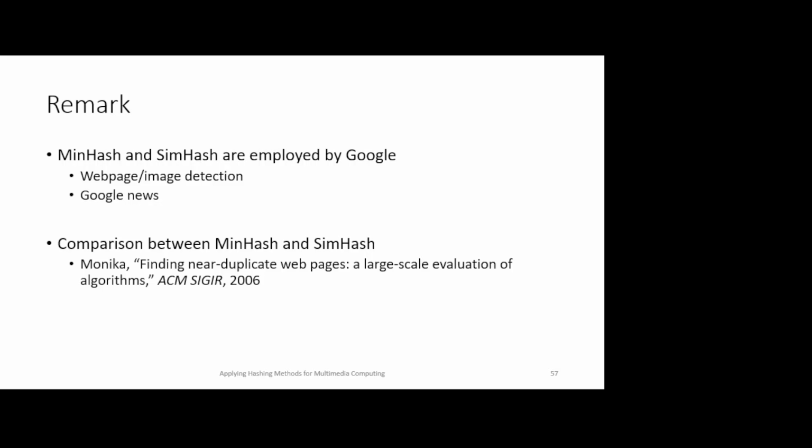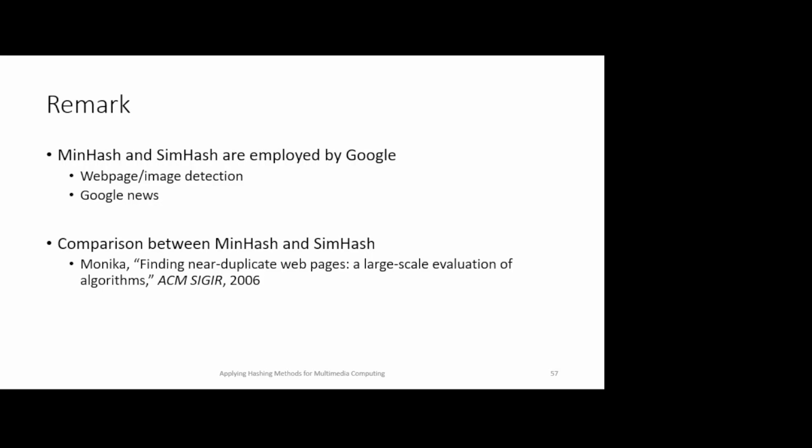Okay, the sign hash and the min hash were deployed by Google. Google used this because there are more than billions of web pages on the web. So if you want to do image detection or web page detection, they can use this way to generate hash codes and do the computation.